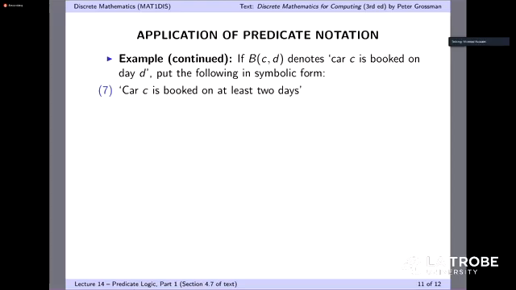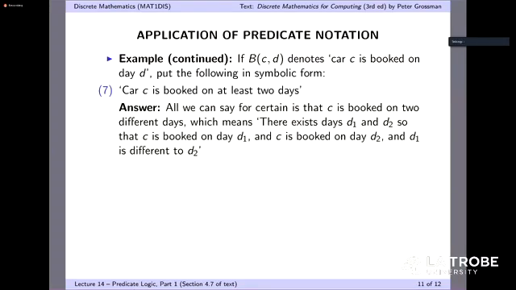When I say there exists D1, that could be many D1s, so at least we are saying there is at least one. Make sense? So we have there exists D1, there exists D2, B(C, D1) and B(C, D2), and these two are different days.